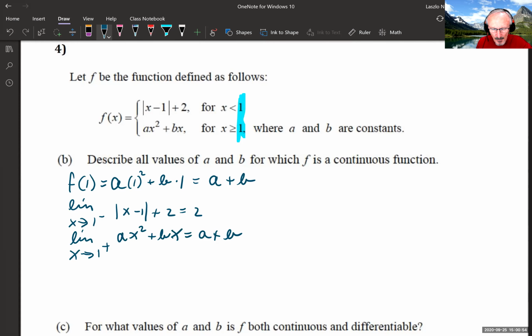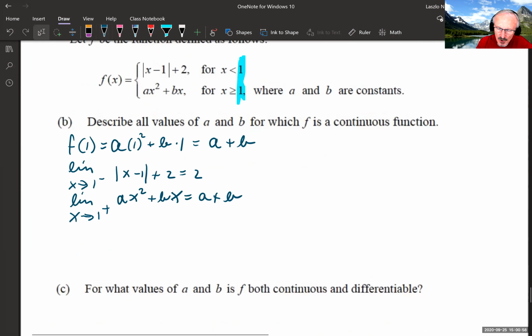We've seen that before. And of course, the 3 expressions equal each other. So a plus b is equal to 2. Now, we don't have a equals a number or b equals a number, but we have basically a plus b equals 2. And this would need to be a condition for f to be continuous.